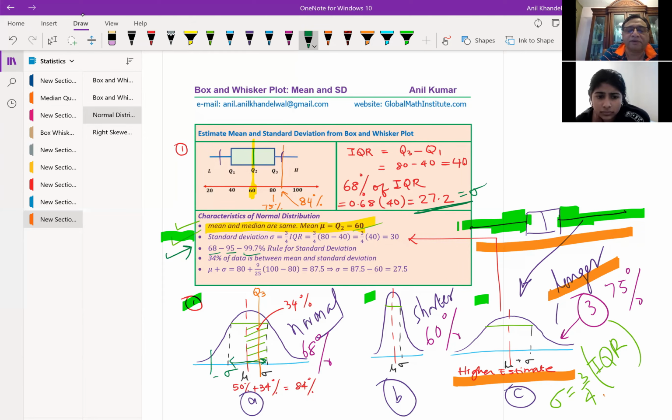Within two standard deviations, 95% of the data exists. And within three standard deviations, 99.7% of the data is there.